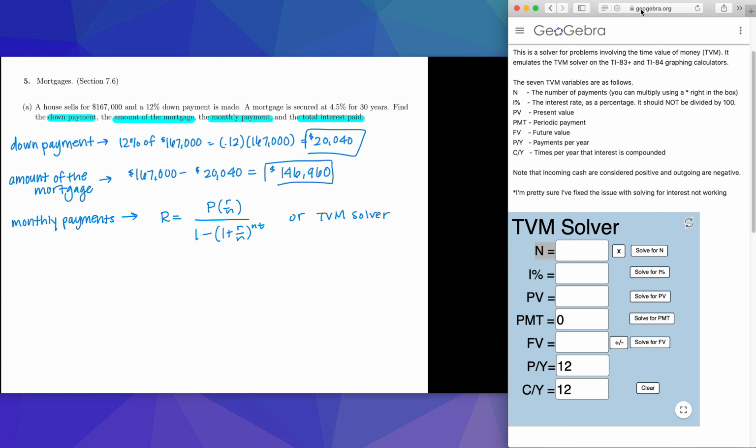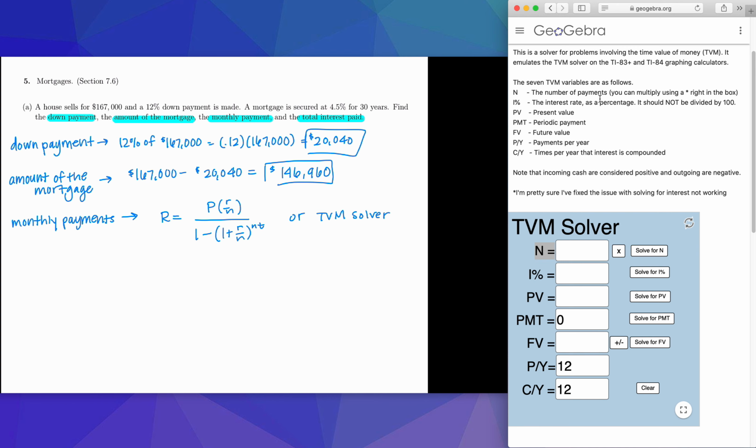This website I will post in the comments so that you can get to this. But we will use the TVM Solver rather than the formula because it's a little bit quicker and lets us compare things faster. These are our variables up here, and it explains what each one is. We'll put everything in but the one we're missing, and it will solve for the one we are missing.